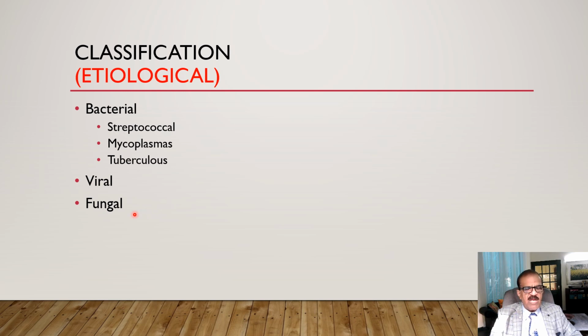People who have HIV infection, people who are on immunosuppressant therapy after organ transplant, or those kind of people, not normal people. Then parasitic pneumonias are also common, but they are very rare. So I think when we talk about pneumonia, unless specified, we actually talk about this streptococcal or mycoplasma pneumonia.